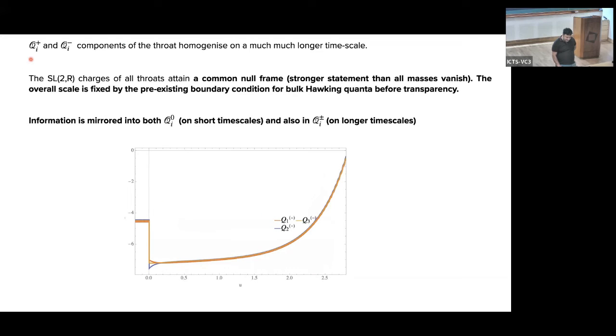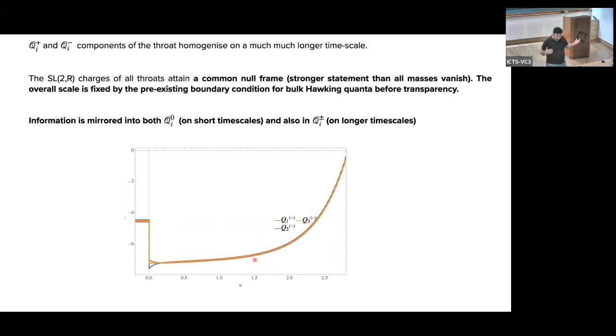But if you go for even longer time, not only do the throats all go to zero mass, but all the SL2 charges of the throats also align together on a single null frame. So everything decouples from everything. All the throats decouple from all the throats, and classically all information is lost because all the throats go to a single null frame.